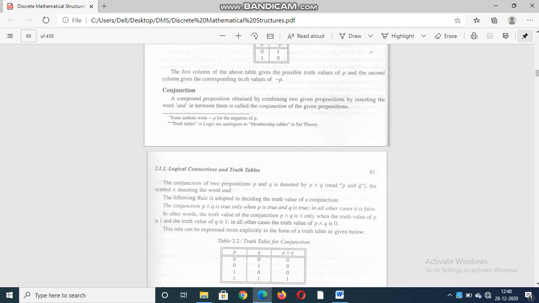Here both are 0, so it is also 0. In this case, one statement is 0, so output is 0. Here one statement is 0, output is 0. Here both statements are 1, so output is 1.